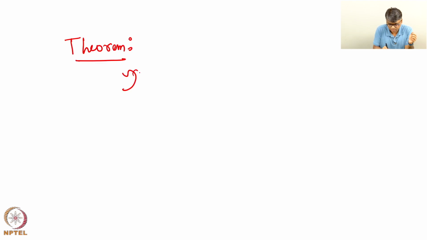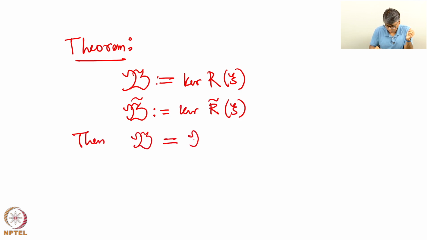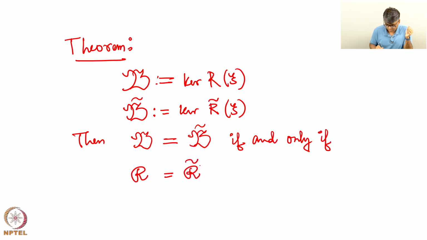So what we have proven finally, our big theorem, is that given two behaviors, autonomous or non-autonomous, it doesn't matter, one given by the kernel of R xi, B tilde given by the kernel of R tilde xi, then B is equal to B tilde if and only if the row spans of R and R tilde are equal.